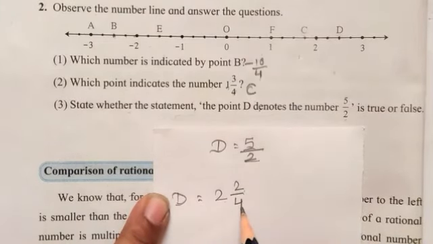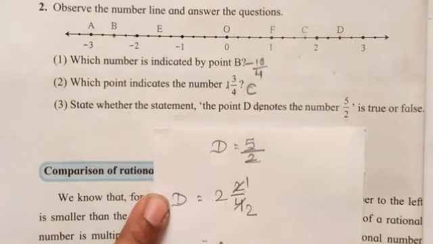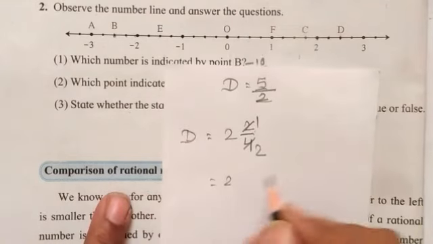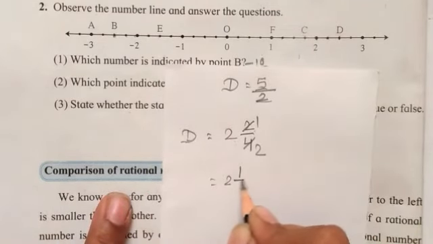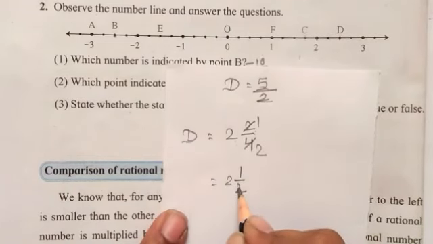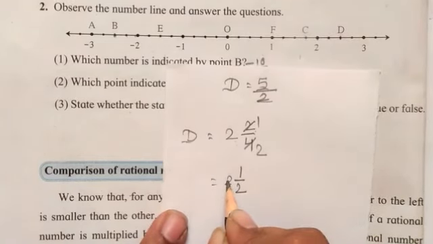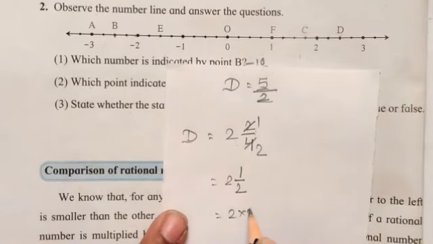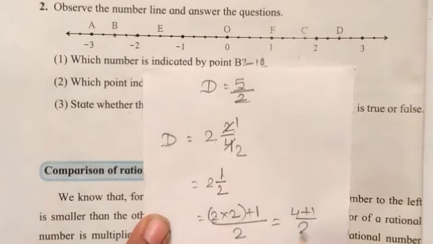So 2 upon 4, how can we calculate it further? 2 ones are 2, 2 twos are 4. So it will be written this way, 2 complete 1 upon 2. If we calculate it more, then this 2 is multiplied to this 2. It means 2 into 2 plus 1 upon 2. 2 twos are 4, so 4 plus 1 upon 2.